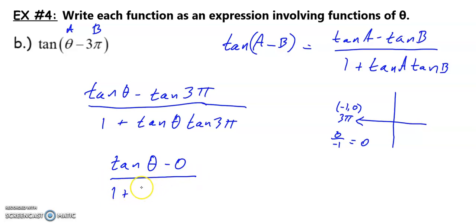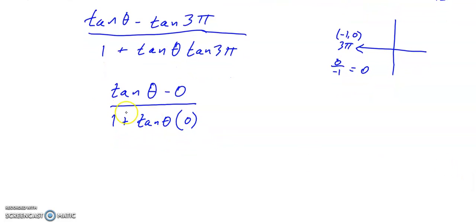And then 1 plus tangent theta times 0. Well, tangent theta minus 0 is tangent theta. Tangent theta times 0 is 0, so that leaves me with a 1. So my answer is just tangent theta. Boom.